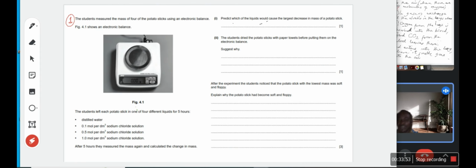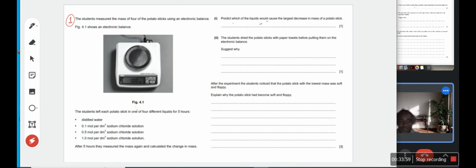We can go back to the question on page 11. So it says the student measured the mass of 4 of the potato sticks using an electronic balance, right?